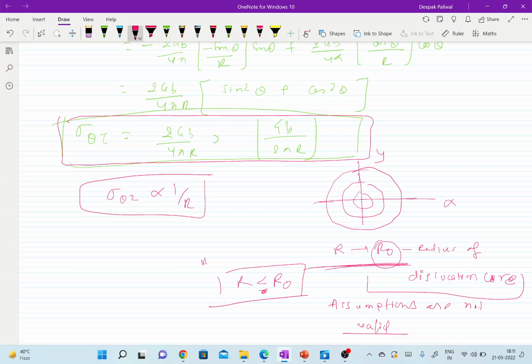The model is not valid. I mentioned this in the previous lecture itself. So here also the stress field depends on the r value.